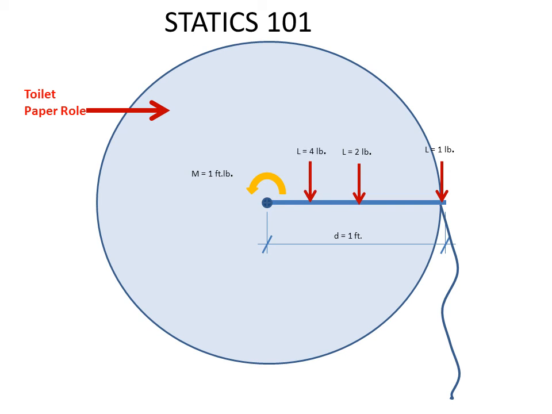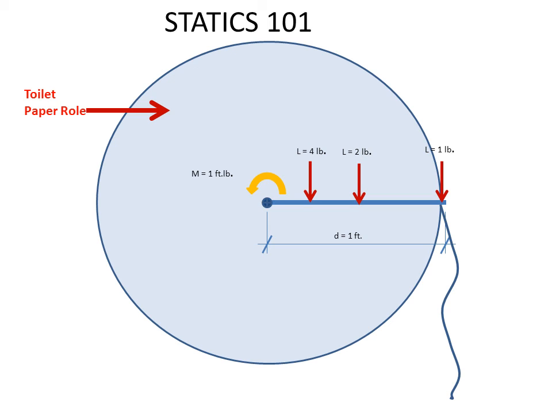Again, as the roll diminishes and we are now 1/4 foot from the center, we are now having to apply 4 pounds of pressure to the same paper and starting to sweat bullets about getting enough paper, because as we all know, it starts tearing because it is reaching its maximum tensile strength.